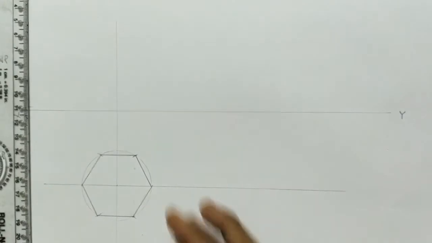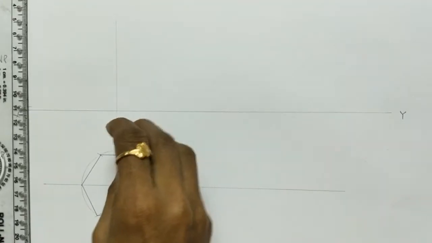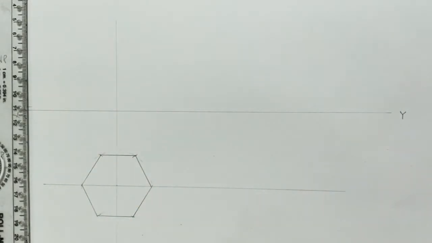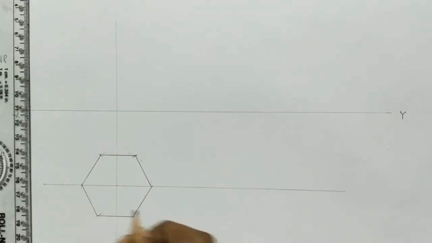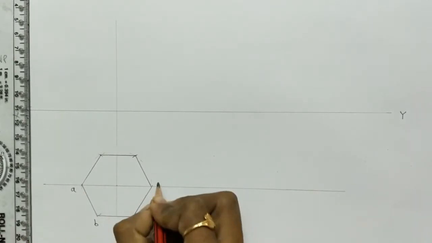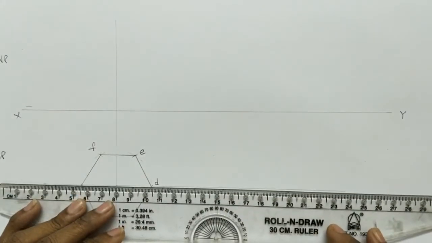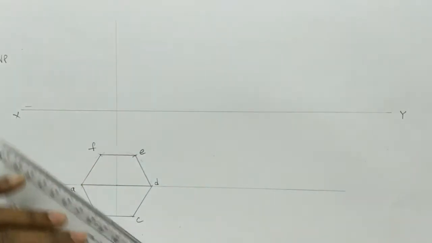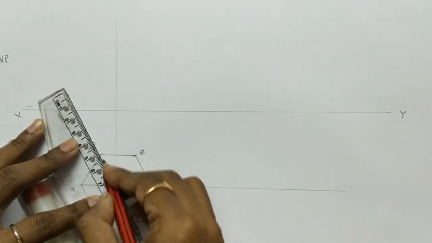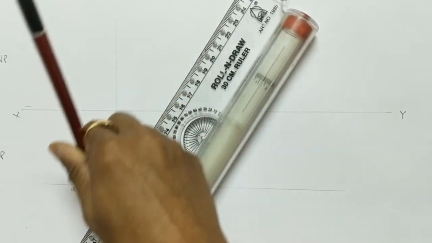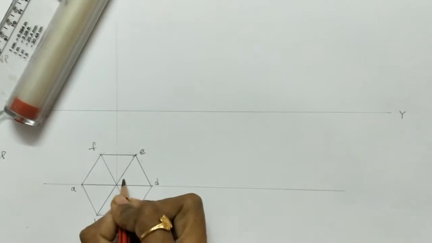Now you can draw this circle. Now give names as A, B, C, D, E and F. Now draw the inner portion of hexagon. So this is point OP.